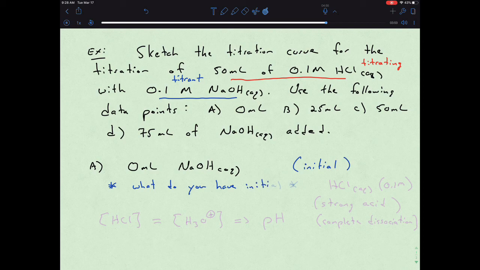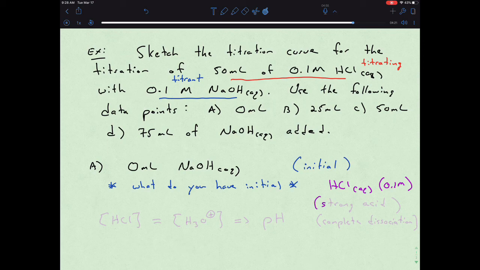And like a lot of acid-base questions, we always ask, what do we have initially in order to set up a type of pH calculation? And so in this particular case, all we have here is HCl, and that's 0.1 molar. That's really all we have initially because we haven't added any of the sodium hydroxide.